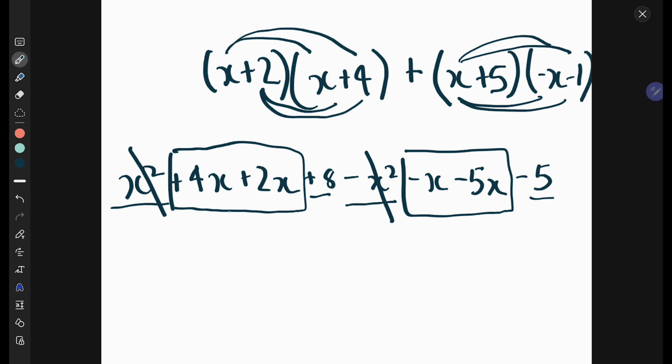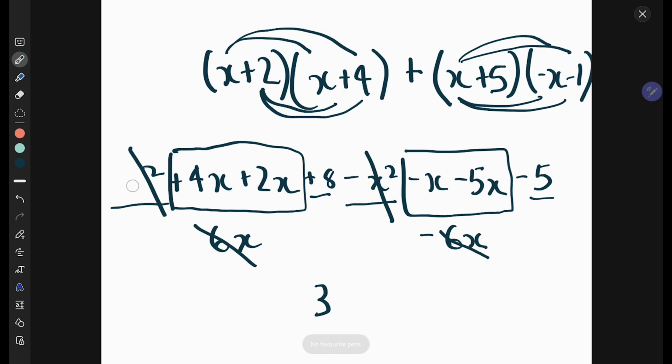So 4x plus 2x is 6x, minus x minus 5x is minus 6x, because minus 1 minus 5 is minus 6, and then 6x minus 6x cancel each other out. And then we have plus 8 minus 5, which, as we all know, is 3.